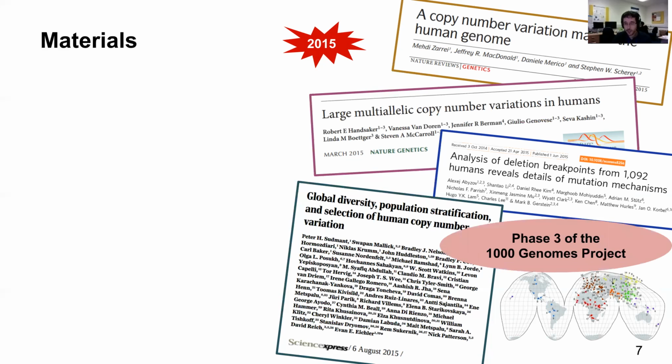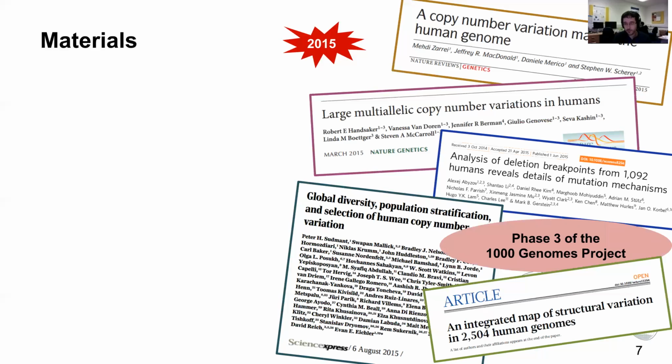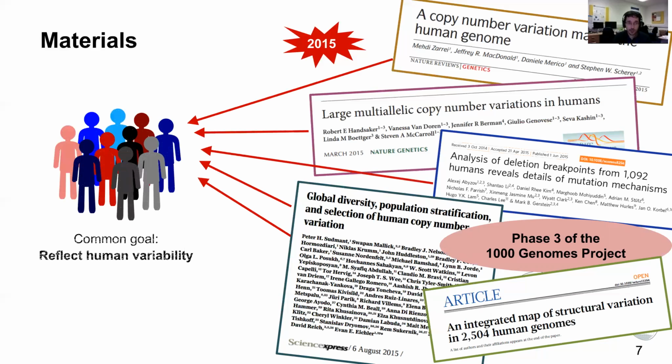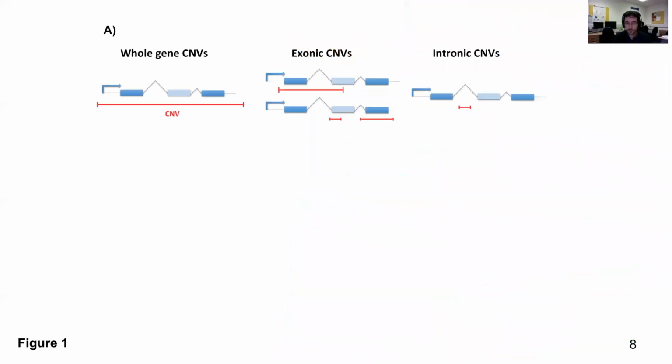And finally, by Sudmant et al. in Nature, there was the final map of the 1000 Genomes Project for more than 2000 humans. We think all of these maps are complementary, and at the end of the day they have the common goal of reflecting a part of the human structural variability.